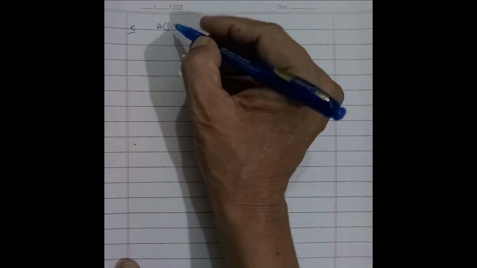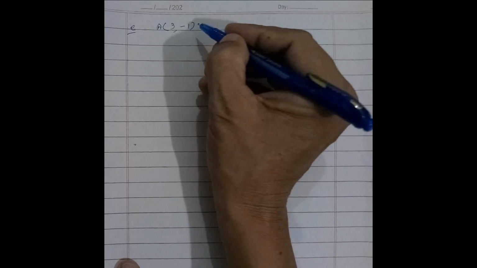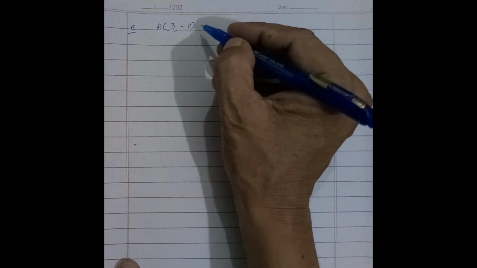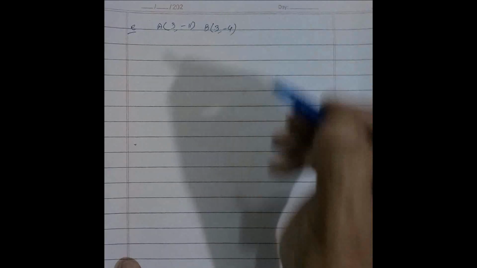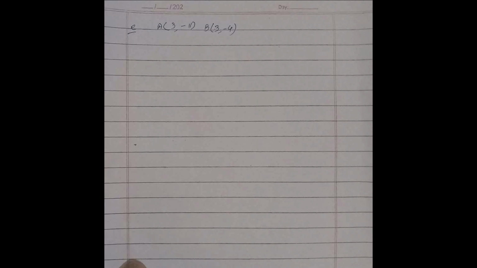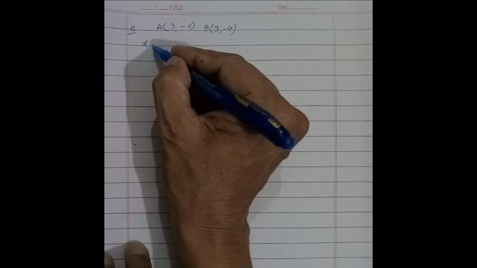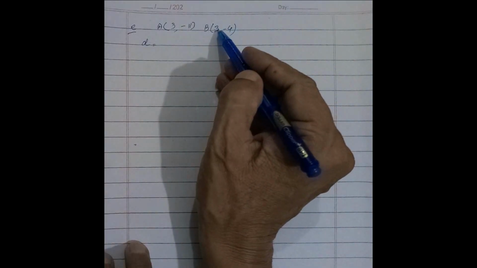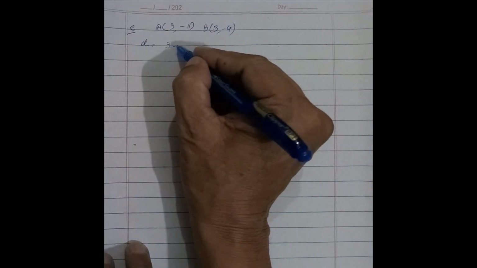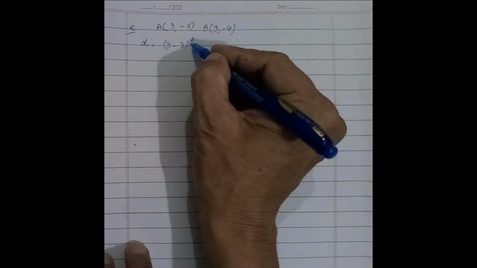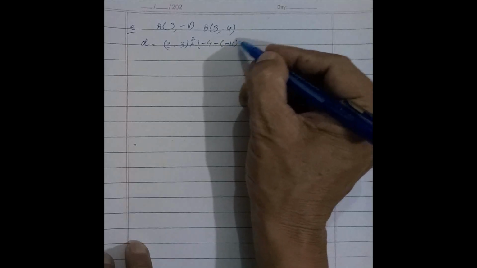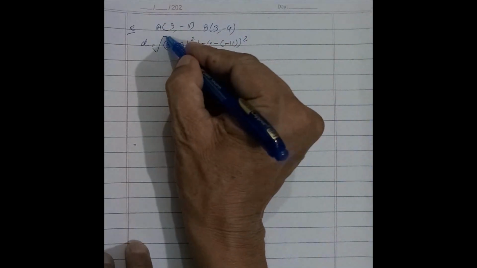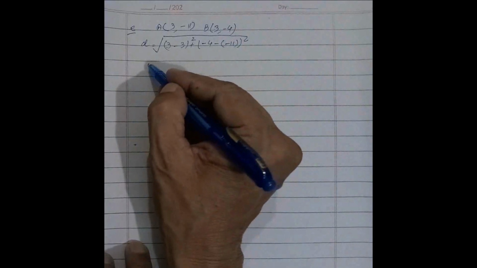In the next part, the coordinates of A are 3 and -11, and the coordinates of B are 3 and -4. So apply the distance formula. D is equal to x2 minus x1, which is 3 minus 3 whole square plus -4 minus (-11) whole square, root.